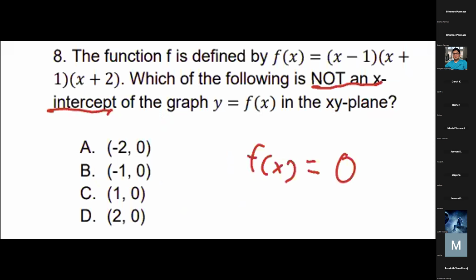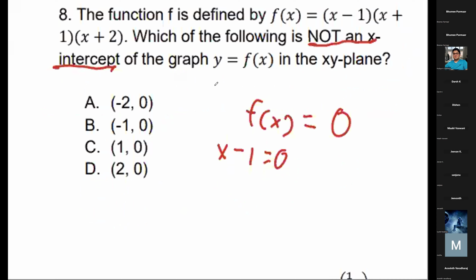So x minus 1 equals 0, x plus 1 equals 0, and x plus 2 equals 0.